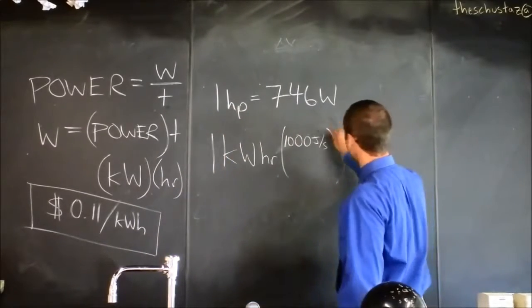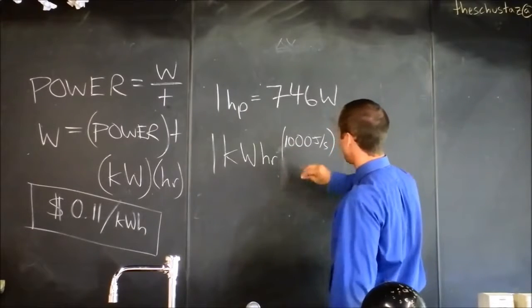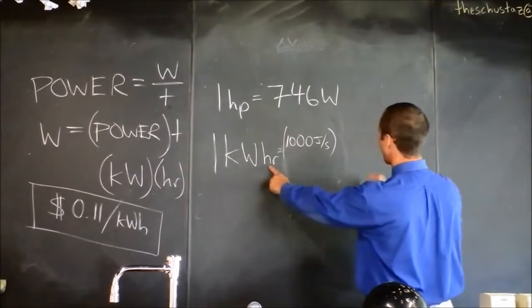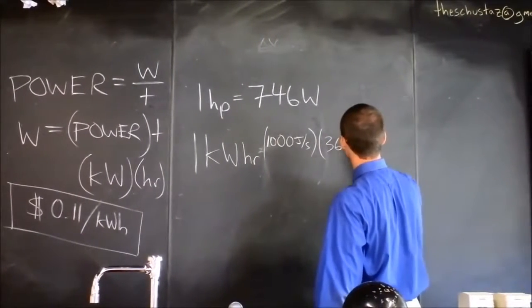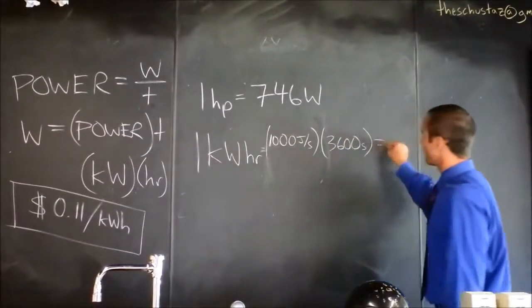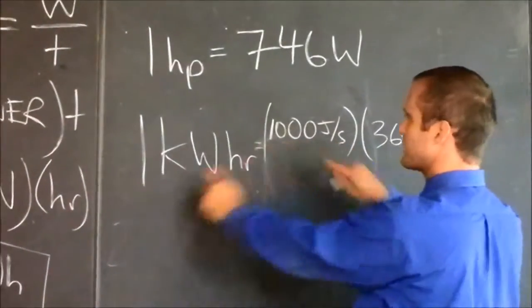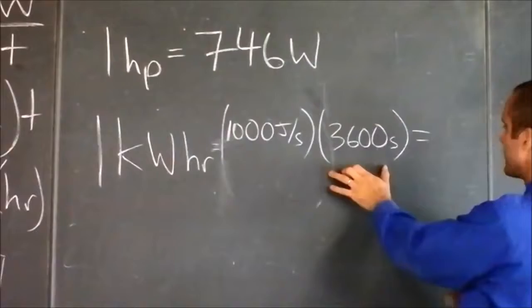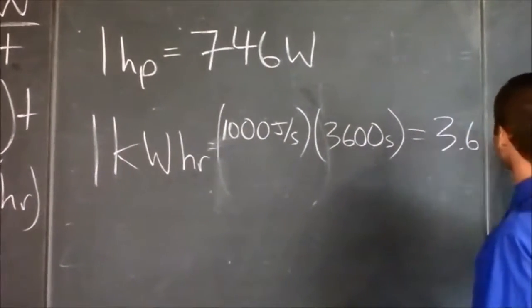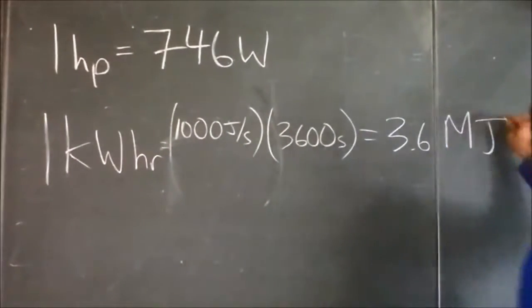Then we multiply that by an hour, and an hour is 3,600 seconds. We've got 1,000 joules per second and 3,600 seconds, so it looks like we're going to have 3.6 million joules.